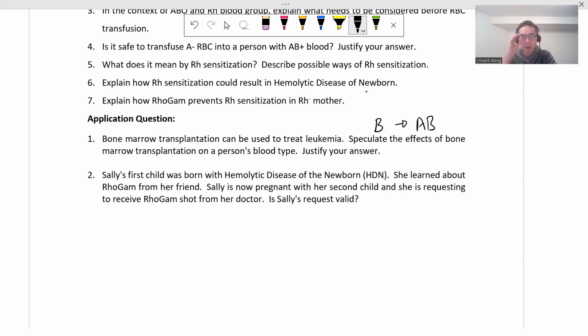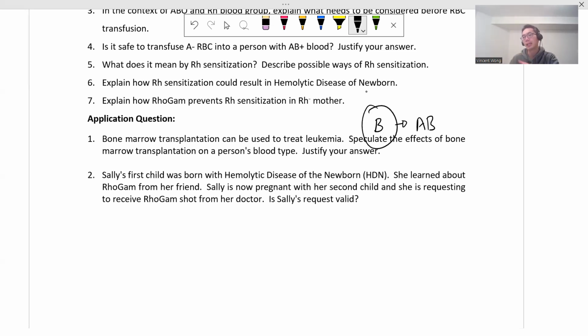However, in bone marrow transplantation, because we are replacing the stem cells, and those stem cells are the ones that are going to be giving rise to your new blood cells, right? And the bone marrow will stay there for quite some time, right? And as a result of that, all the new cells that are coming out from the bone marrow will be of the different blood type.